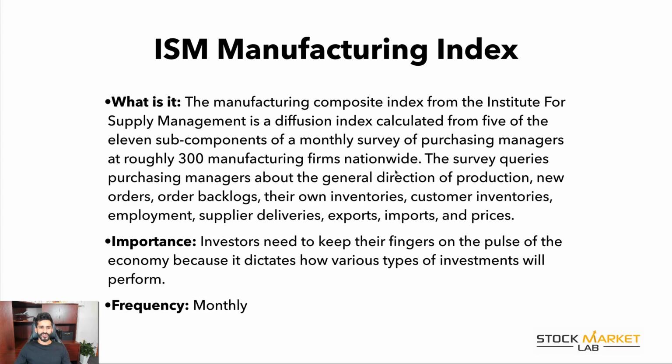Now, I don't want to get into a full definition and keep explaining that because I'm going to lose people. But in general, in simple terms, these measurements are all looking at different components. So this one is looking at inventories, customer inventories, orders, backlogs, employment, supplier deliveries, exports, imports, prices. So that's what this index is tracking.